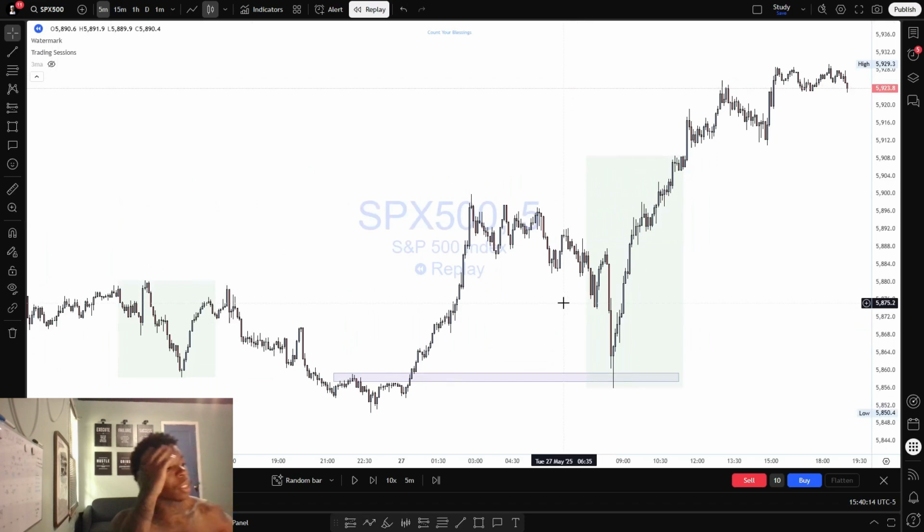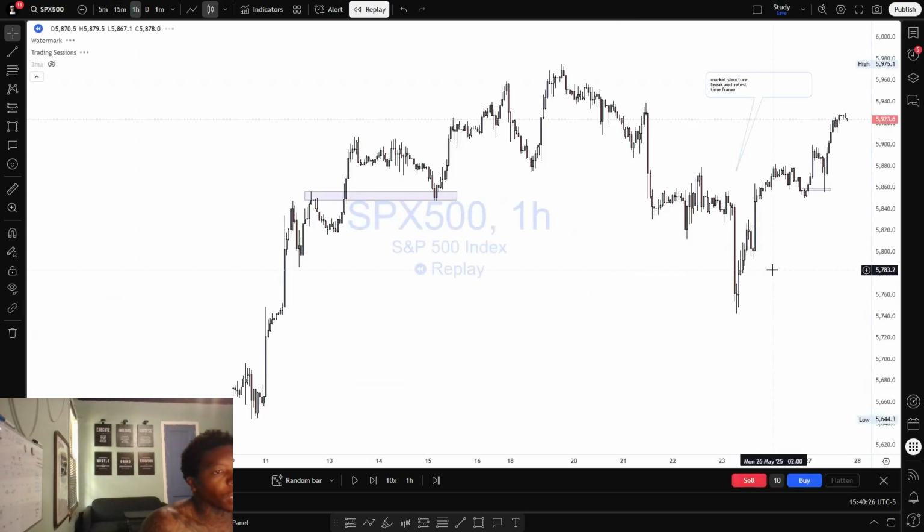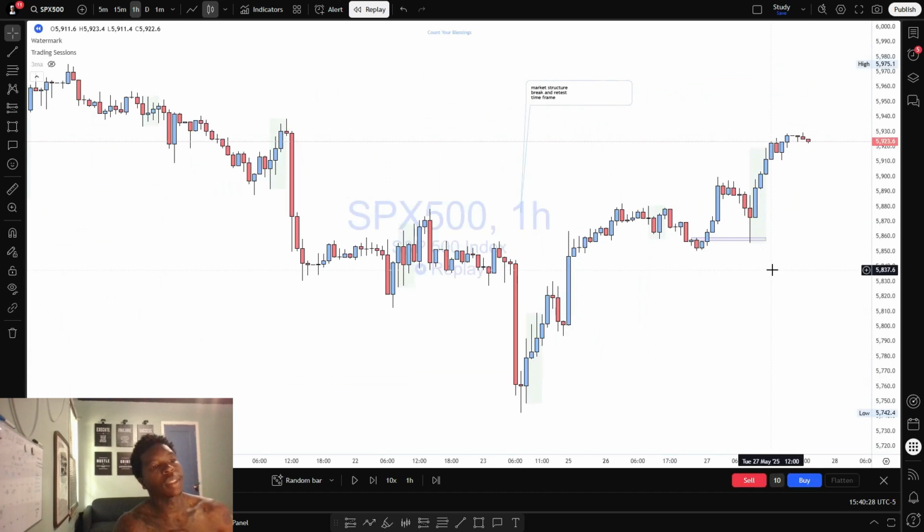So there's something here as far as market structure, break and retest, and time frame correlation. This is a 5 minute zone, but it was greatly impacted on a 1 hour.